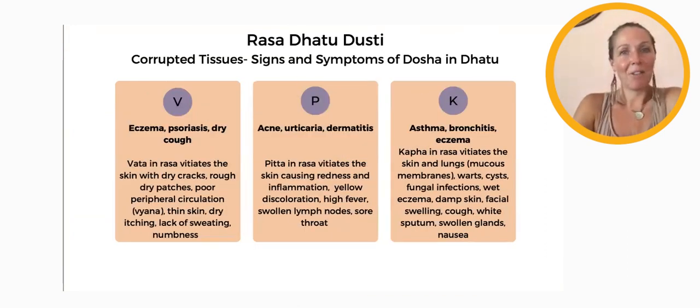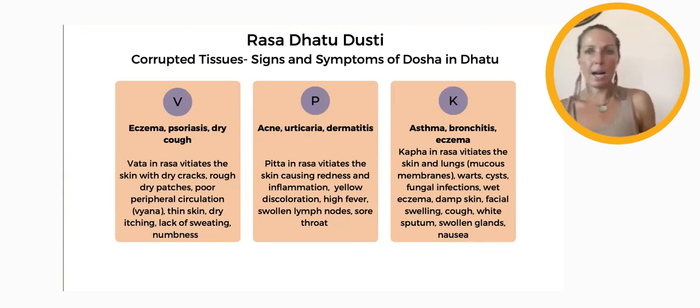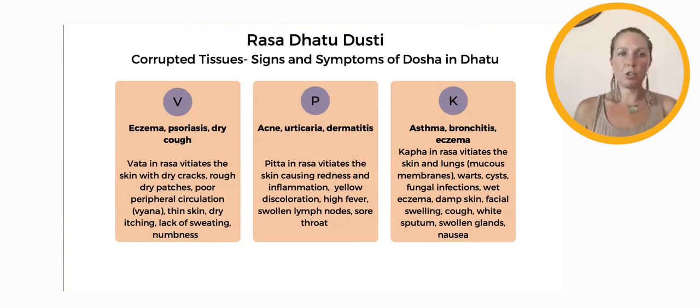Then here's another example of Rasa Dhatu Dushti. So this is when the tissue is now corrupted by different doshas. So if vata is in Rasa Dhatu, and we have to remember this is the first tissue layer in the body, this is in the accumulation and aggravation line if we're looking at a pathology chart, right? So we eat food.